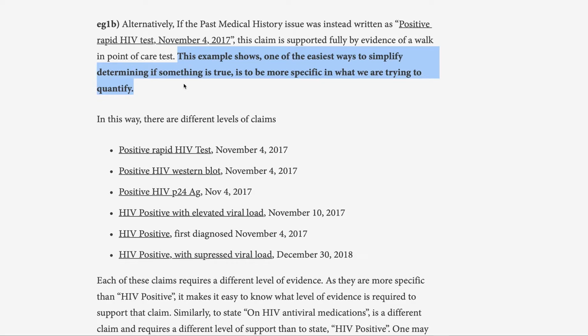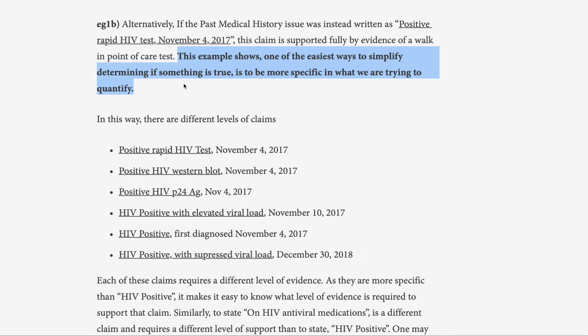If the other statement was that there was a positive Western blot or a positive P24 antigen, again, these are all statements which are very easy to prove and to validate with a high level of certainty. Again, to say that the patient was HIV positive with an elevated viral load, this is a specific statement which we can validate.